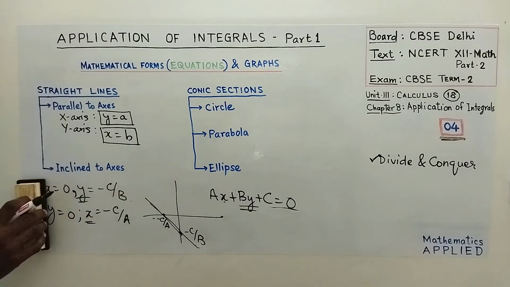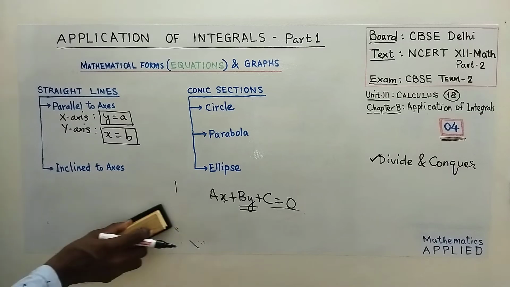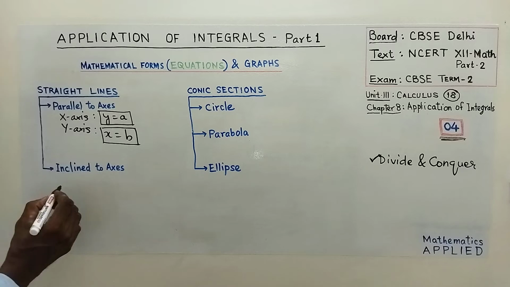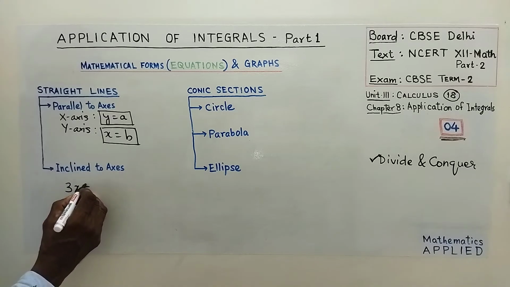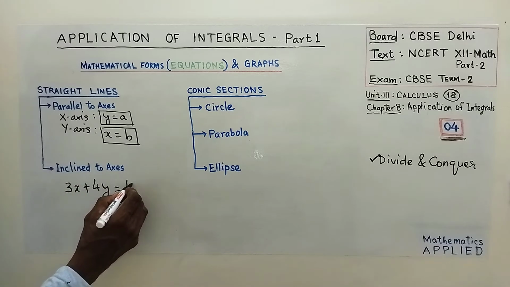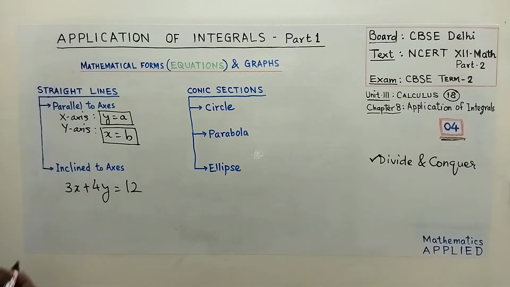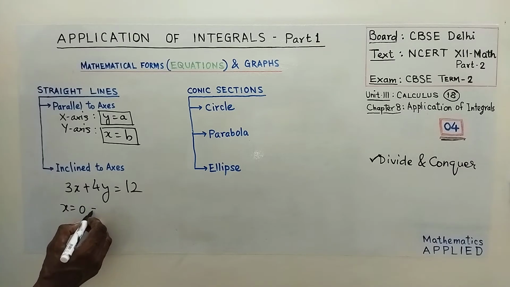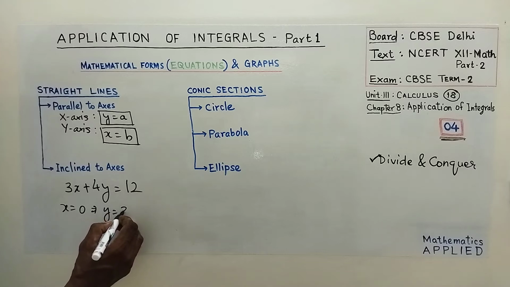Okay. As an example, suppose the equation is given to you like this: 3x + 4y = 12. You can divide the whole equation by 12 and get the values of the x-intercept and y-intercept. Or else you put x equal to 0, and that gives you y equals 3.